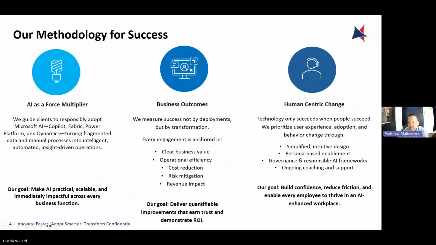All right. As I said, it's not about technology, right? We see AI and really the AI economy changing the way that we go to work. For us, when it comes to looking at AI, most organizations have some sort of AI initiative. What we do is help our customers guide them through how they can adopt all these different solutions in place, but also make sure that it's practical, scalable, and it's going to be driving to what we consider business outcomes, right? So what are we trying to solve for?